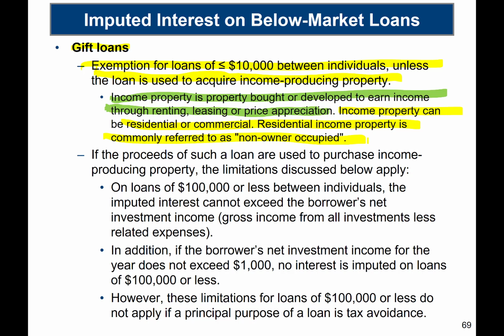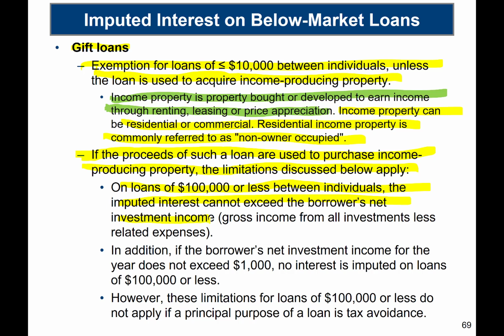Okay, so in the process, if the proceeds of a loan are used to purchase income-producing property, then we have another set of limitations. So if it's not income-producing, we're limited at the $10,000, right? If it is for income-producing, it can be loans of $100,000 or less. Then the imputed interest cannot exceed the borrower's net investment income.